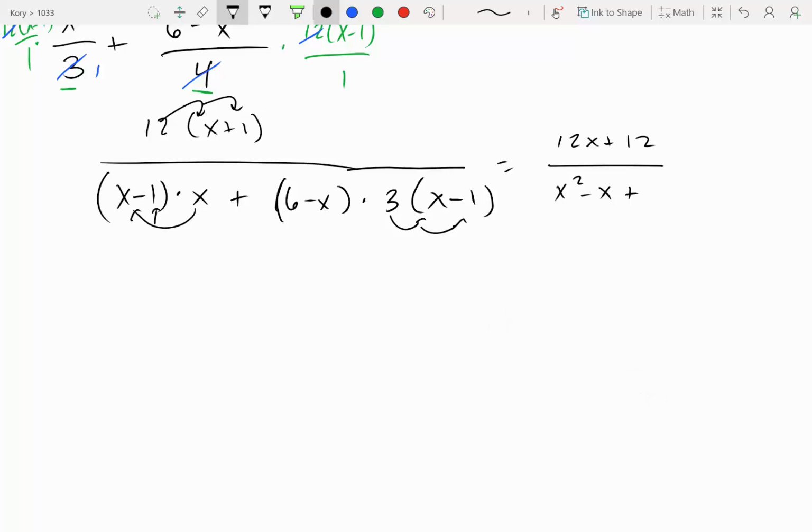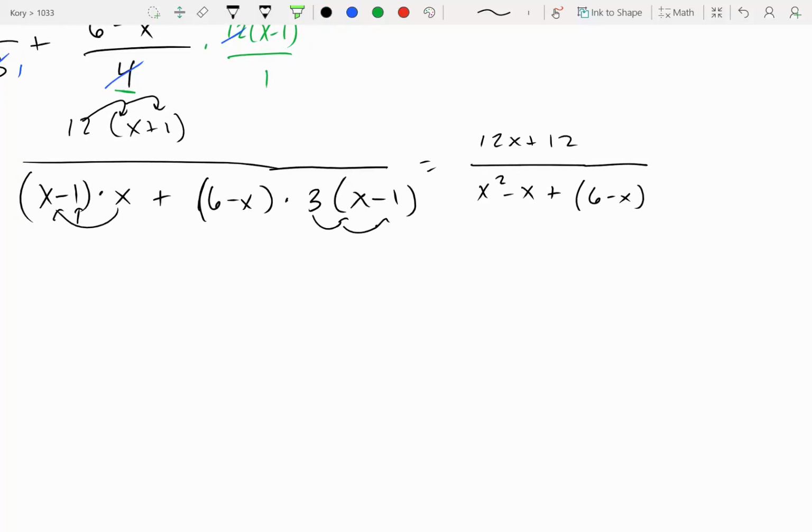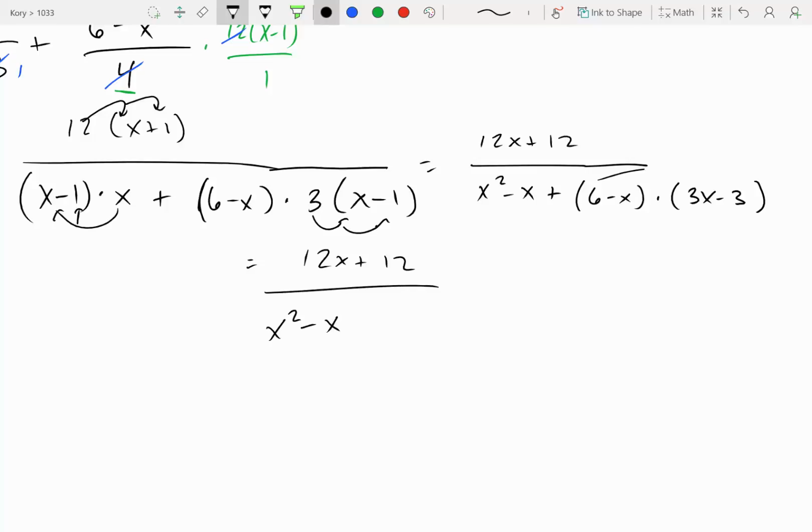So we have plus still this 6 minus x. Then we're going to distribute the 3. So we have times 3x minus 3. Now we need to FOIL. So we're going to FOIL here. We have 12x plus 12 over x squared minus x.